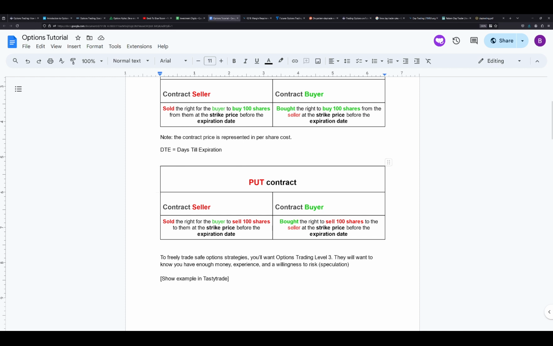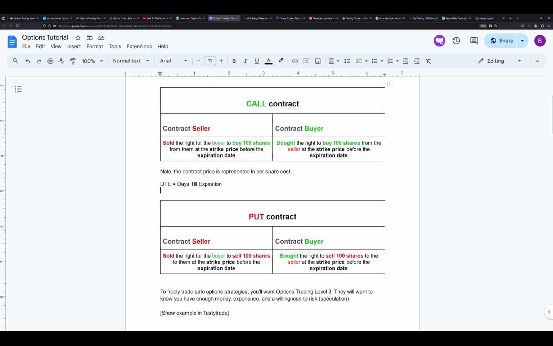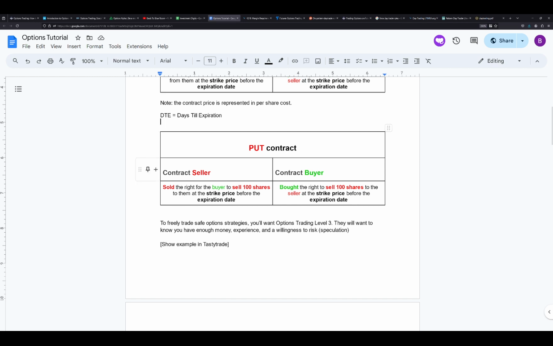So the put contract is an inversion of the call contract, in that the contract seller, who's going to get that premium money, sells the right for the buyer, who's paying the premium money, to sell 100 shares to them at a given strike price.